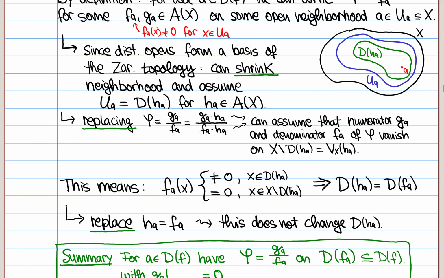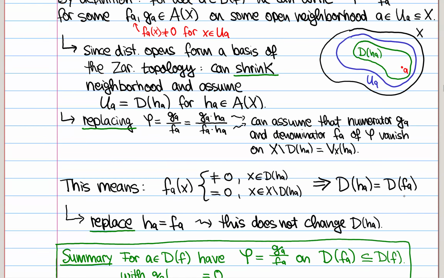And so staring at this observation here, we see the complement of the vanishing set of FA is exactly the same thing as the complement of the vanishing set of HA, right? Because FA is 0 if and only if HA is 0, just from this equality here. So they vanish on the same loci. So in other words, the distinguished open sets for these two things are the same.